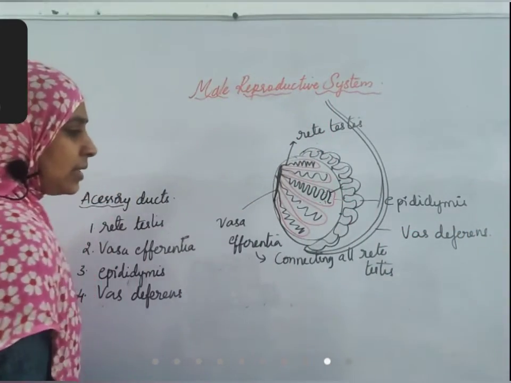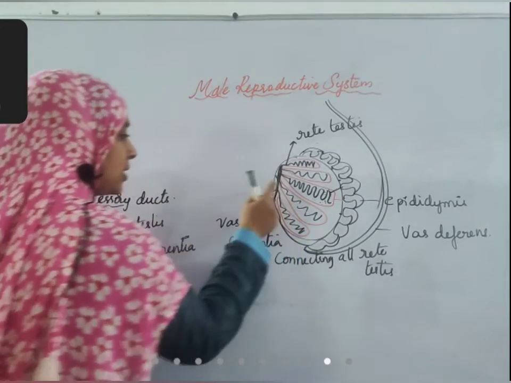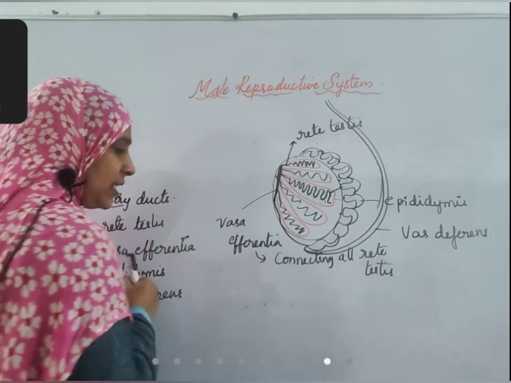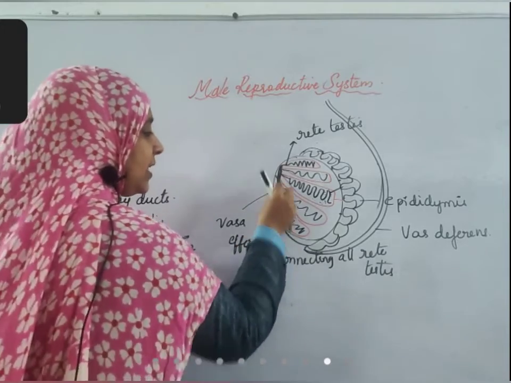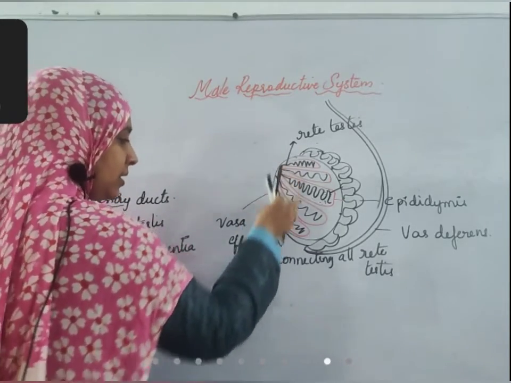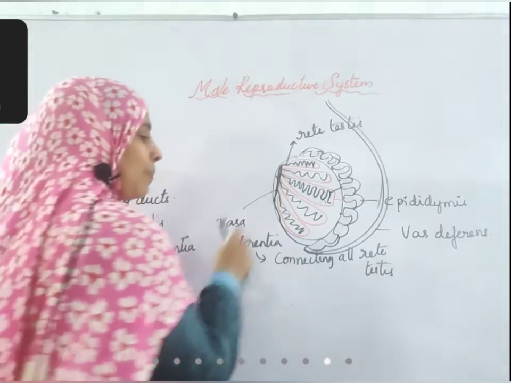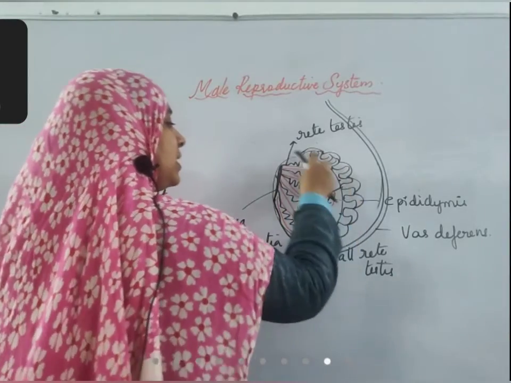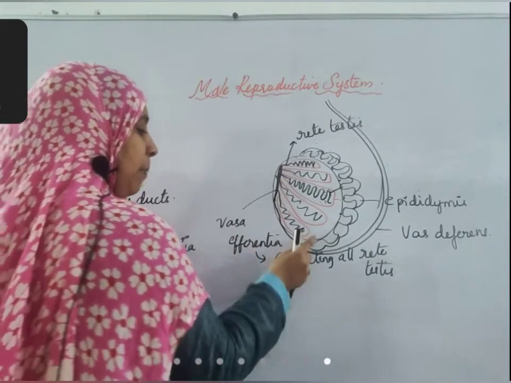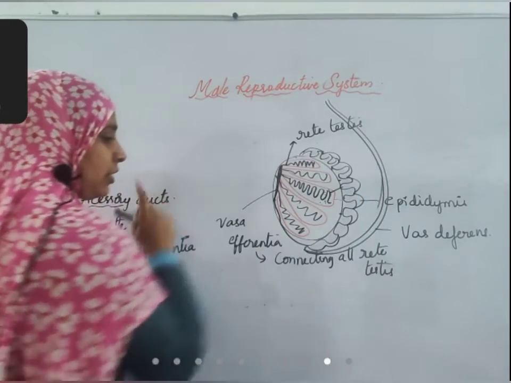Now understand this. Seminiferous tubules open into the rete testis. All the rete testis of one testis are connected to the vasa efferentia. Vasa efferentia opens into the epididymis. Epididymis opens into the vas deferens.